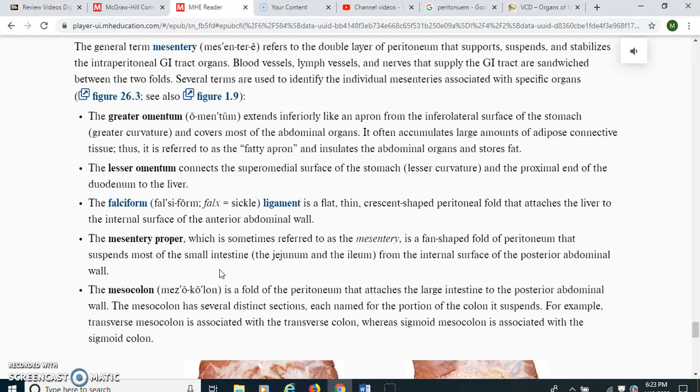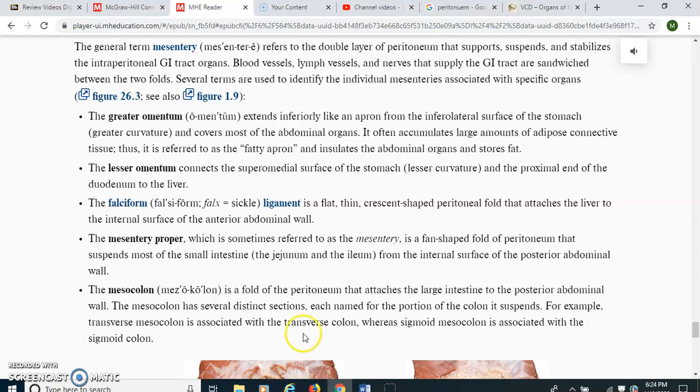It helped to keep the small intestines in the center of the abdomen. If we didn't have that, they would just, by gravity, fall down into the pelvic cavity. So that mesentery also kept them in place and held them together with each other too.